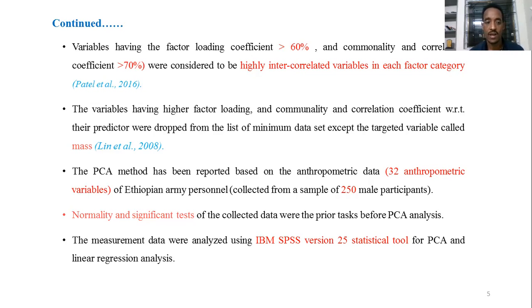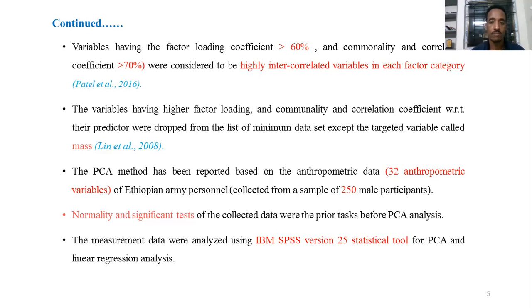For this research design, we measured 32 anthropometric variables from 250 male participants from Ethiopian army personnel. Before going to the PCA analysis, we have to test whether our collected data are normal, and also whether the majority of the variables show significant variation.